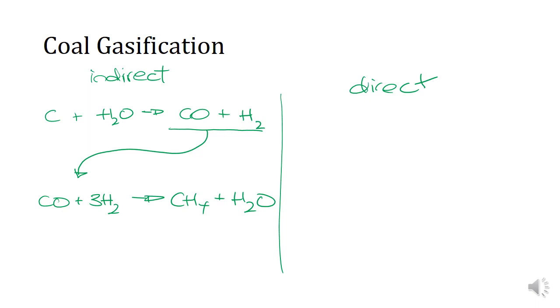Also, there's a more direct way where I can take two carbons and then heat them with water with a hydroxide catalyst, and I end up with methane, CH4, and CO2.